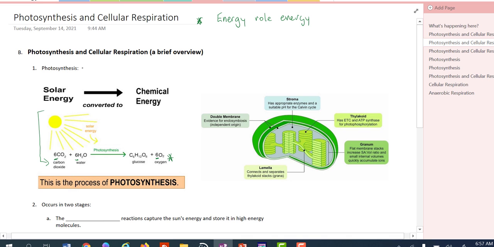So photosynthesis occurs in the chloroplasts of plant cells.